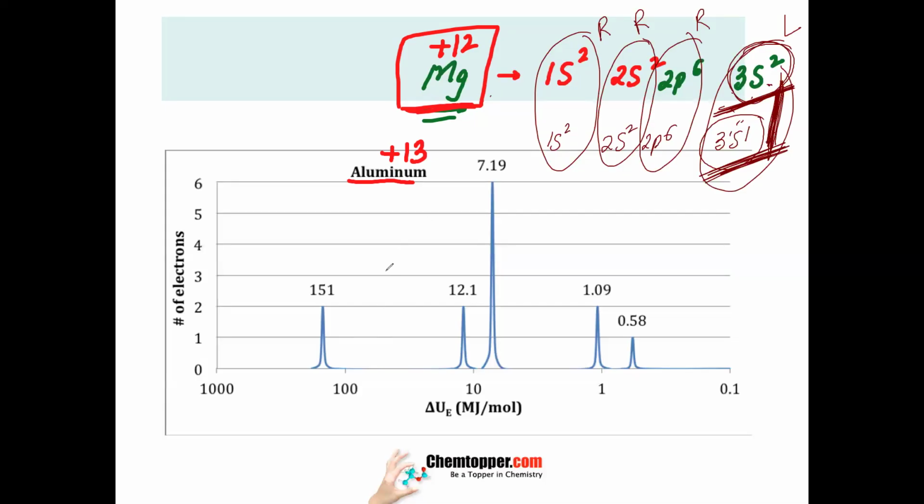I'm making it for magnesium with a different color. This is the signal of 1s2 of magnesium. This is 2s2 of magnesium. This is 2p6 of magnesium. Sorry, up to here. 6 electrons.